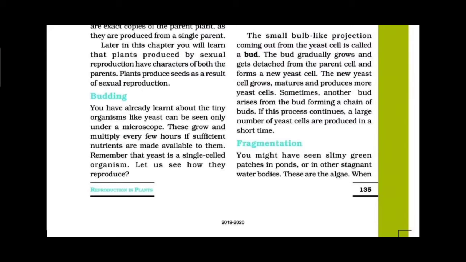What do we call those green patches? Algae. It will break into two or more fragments and form what? New individuals. This process continues and in a short period of time it covers a large area.